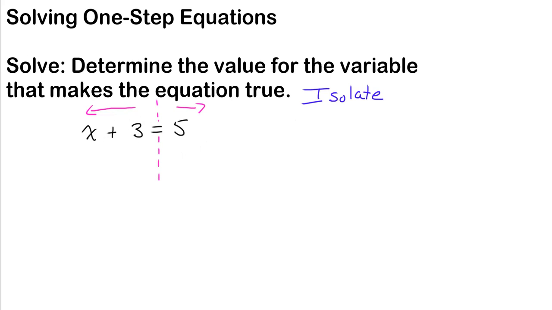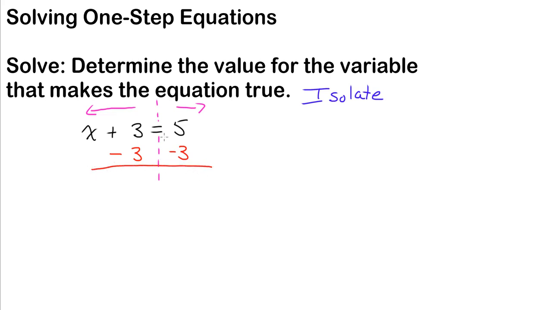So in order to isolate x, I need to get rid of or eliminate plus 3. And the way we do that is by using the inverse operation. So the inverse of addition is subtraction. So I'm going to subtract 3. Now, equations must always be balanced, which means that if I do one thing to the left side of the equation, I must also do that to the right side of the equation. So if I am subtracting 3 from the left, I must subtract 3 from the right.